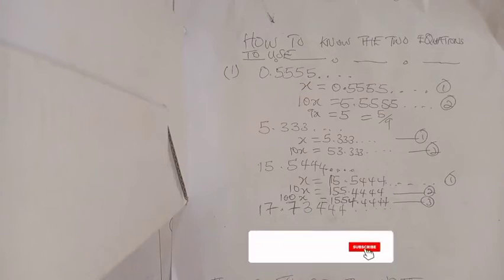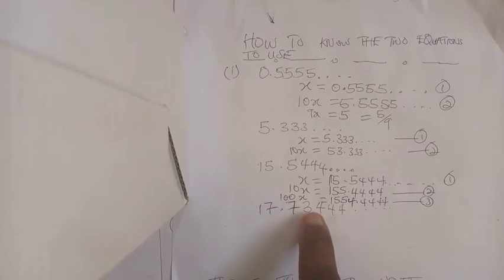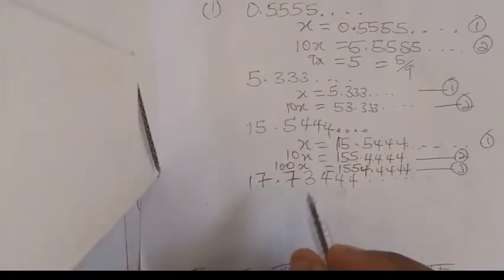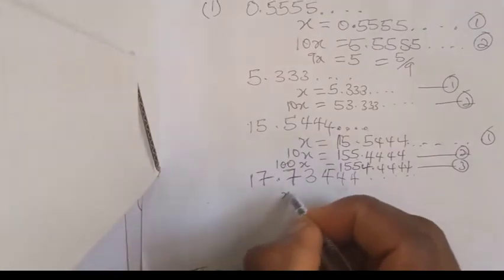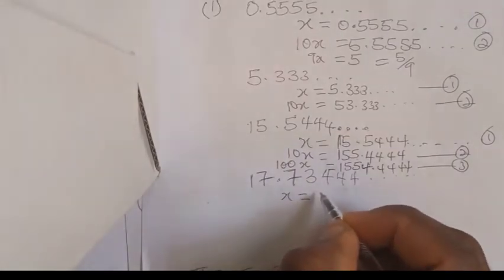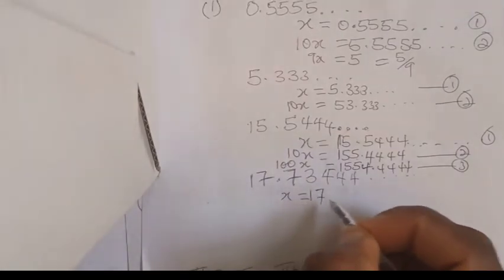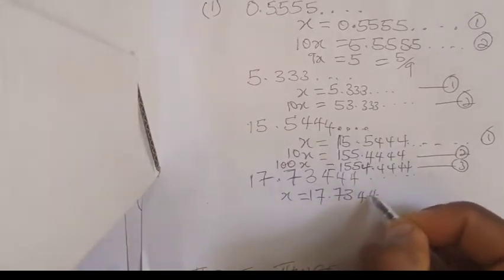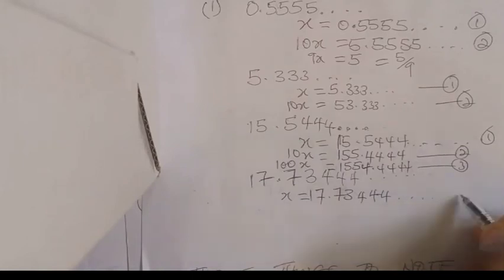So now we'll go to the next one. The next one says 17.73444. How do you deal with that? The very first equation is x equals, you just repeat the question, 17.7344 and it keeps going on and on.